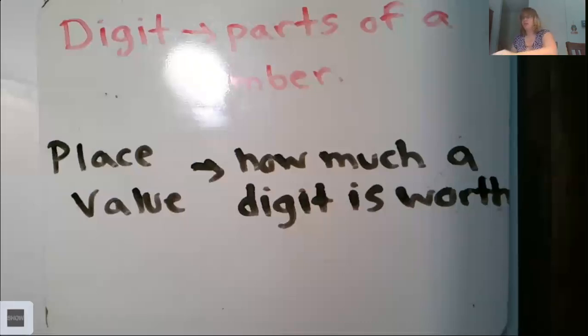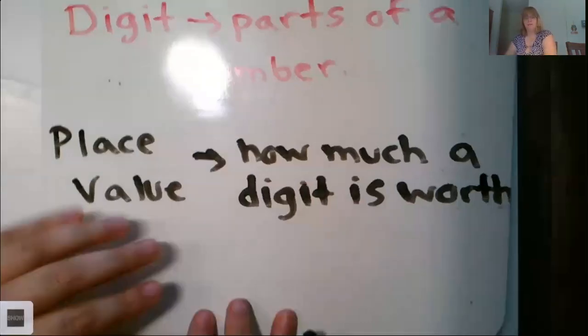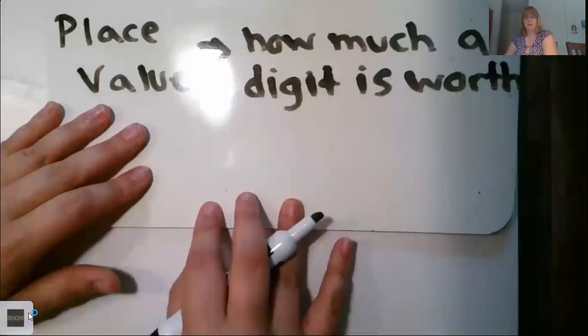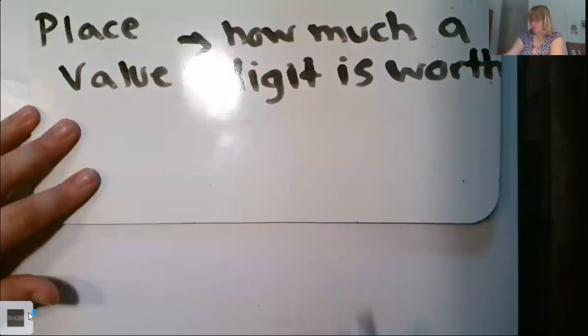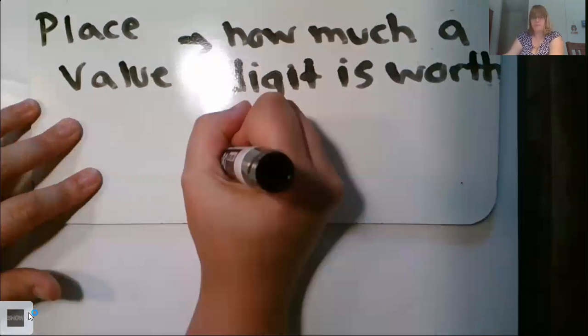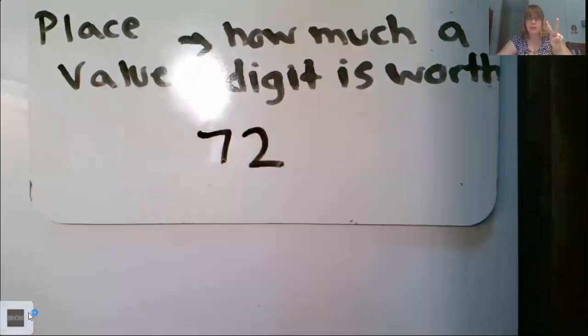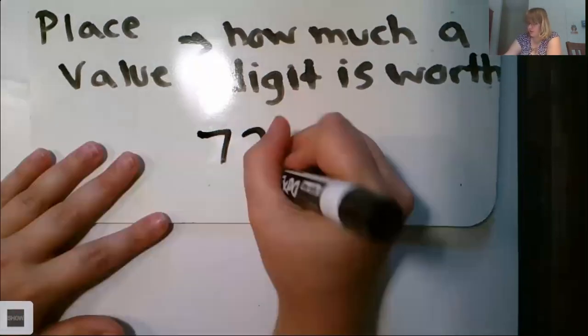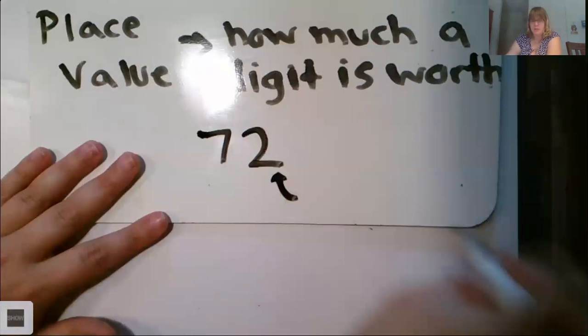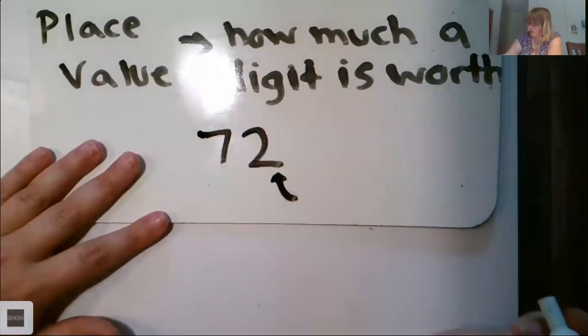So I'm going to bring back that number 72 that we said has 2 digits. And we're going to think about what our place value spots are for this number. All the way over here to the right, this little 2 is called the ones place.